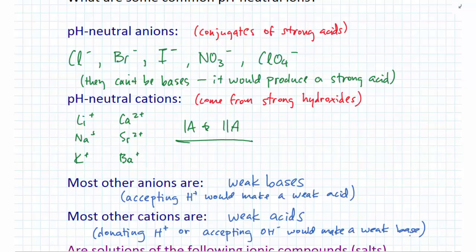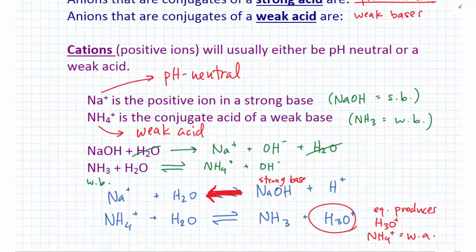Bare metal cations like iron 2 plus or aluminum 3 plus would make aluminum hydroxide, which is a weak base. The only strong bases are the group 1 and 2 hydroxides. If it has H's to get rid of, it would make a weak base. That was like what we saw with ammonium on the last page: ammonium has an H to get rid of, and that makes NH3, which is a weak base.